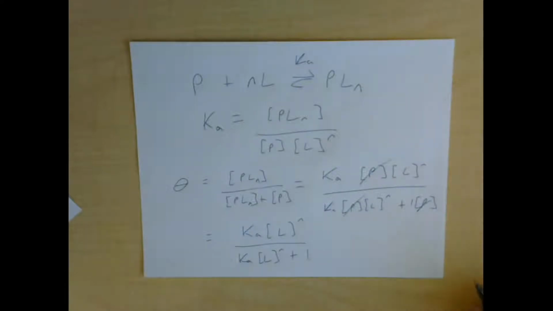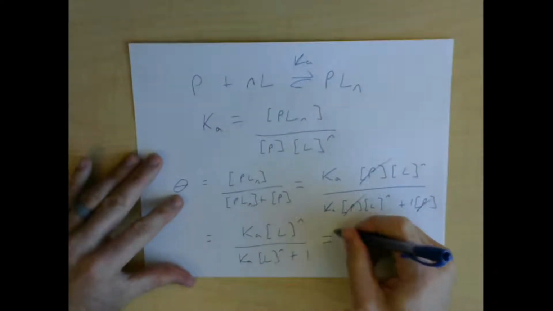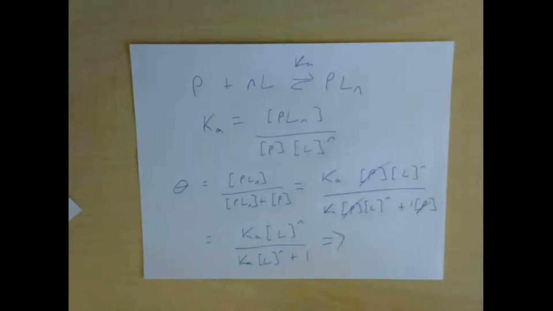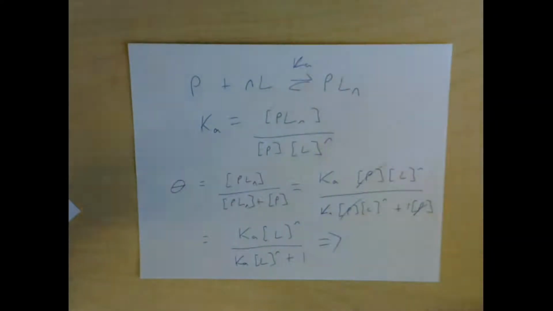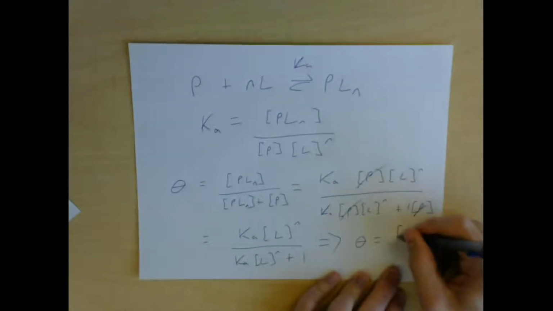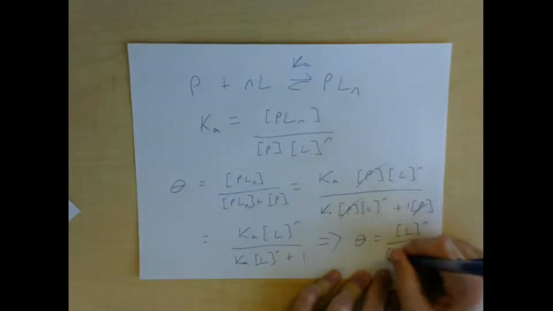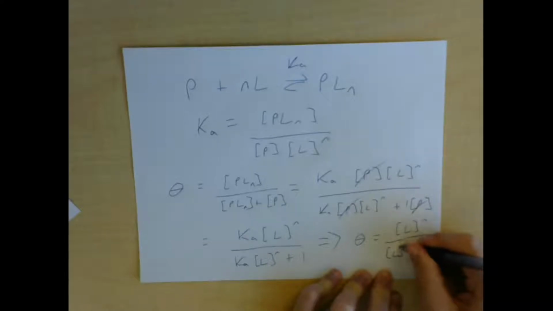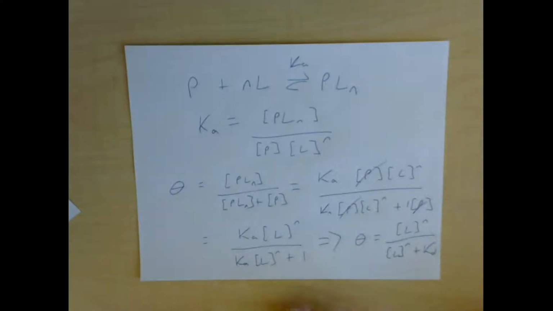Okay, so if you want to put this in the form of the Kd instead of Ka, I'm just going to skip some steps and write this. Remember, this is just basically multiplying this times 1 over Ka to convert this into Kd units. And then theta becomes L to the nth over L to the nth plus Kd.